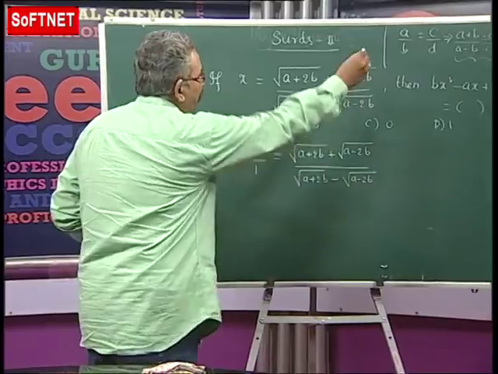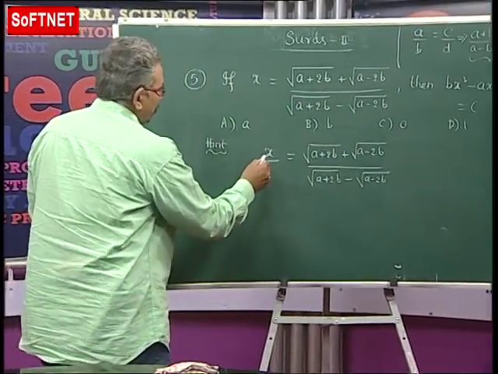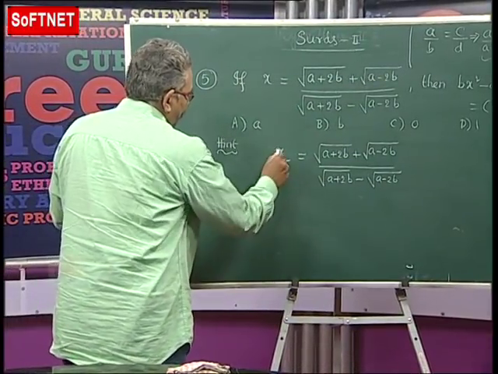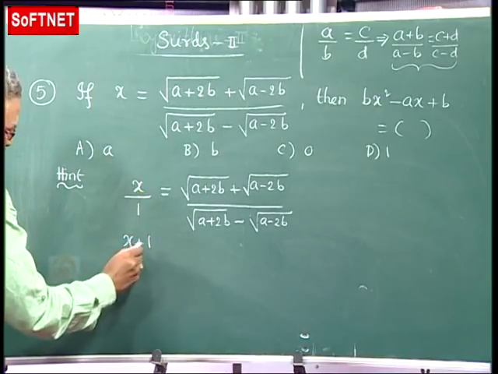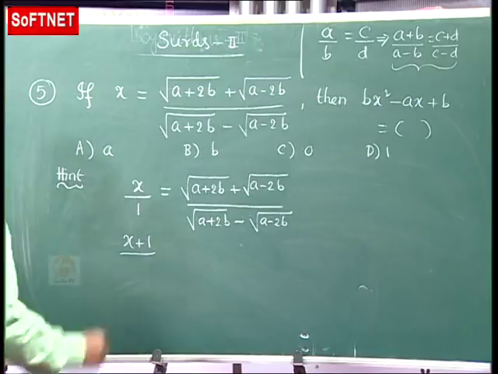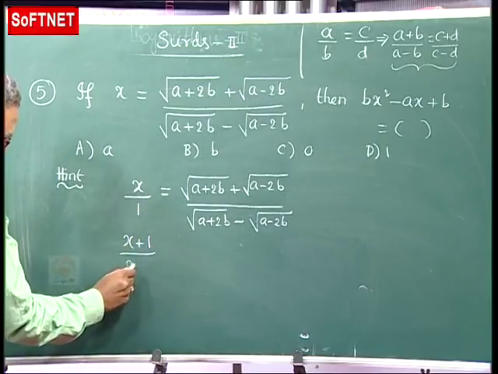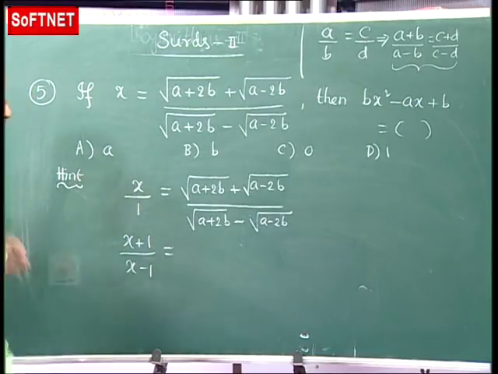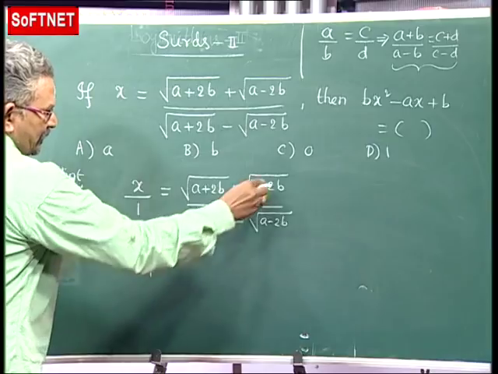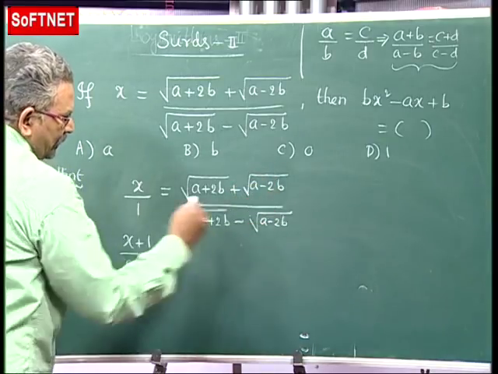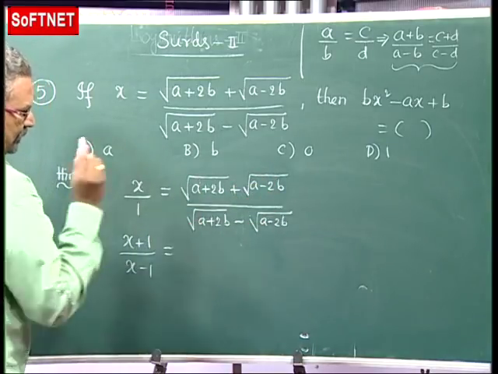Now, applying componendo dividendo, numerator plus denominator by numerator minus denominator, x plus 1 by x minus 1 is equal to, here I will do directly, this plus this, means these two minus gets cancelled, this plus this.